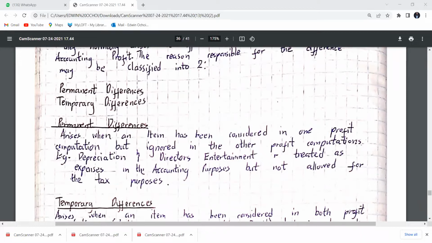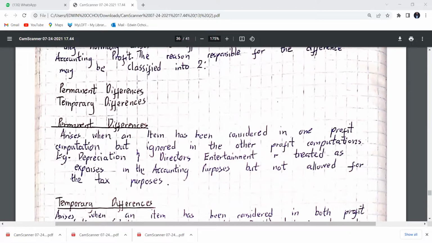are disallowable. So examples of those expenses are like depreciation. We have things like impairment, we have amortization, we have donations.